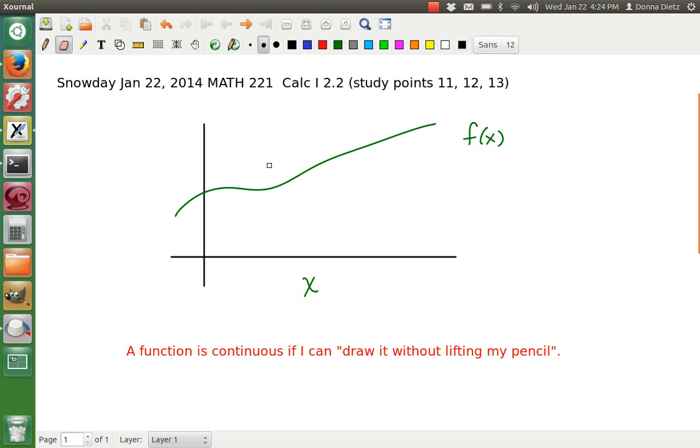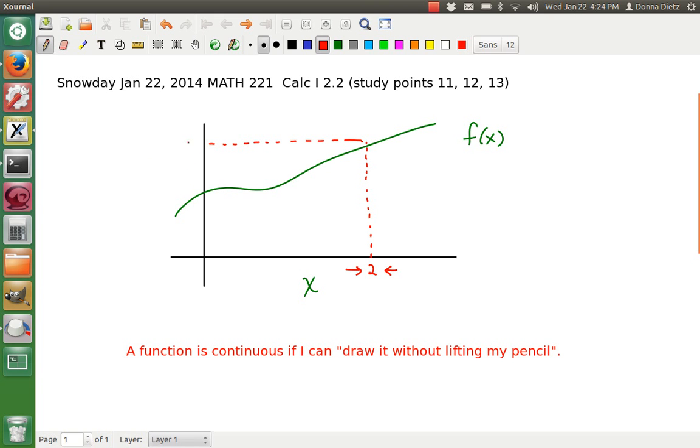But from a very simple standpoint, there's, say, a point on the x-axis. It could be 2, for example. And as you approach 2 from the right and the left, you're approaching f of 2 from above and below, or even from just one direction.